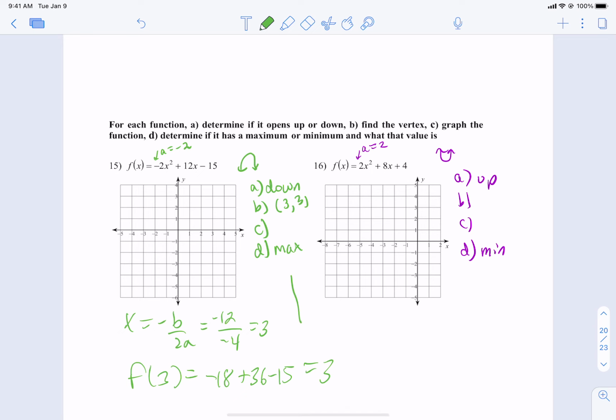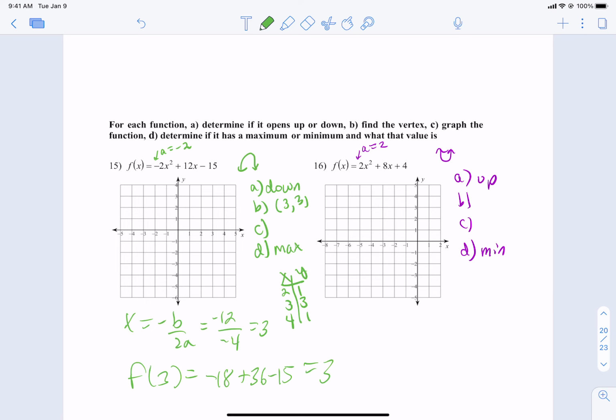Now to actually graph it, we need to plug in 3. We definitely need to plug in at least one thing to the left of that and one thing to the right of that. So let's plug in 2. -2 times 2 squared plus 12 times 2 minus 15 is 1.